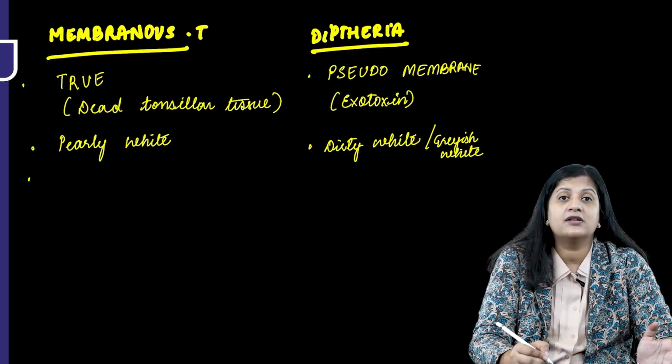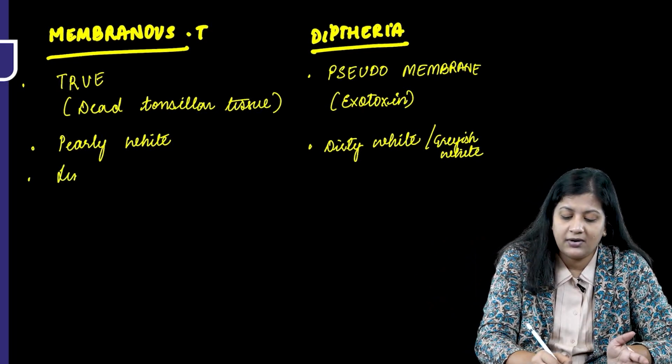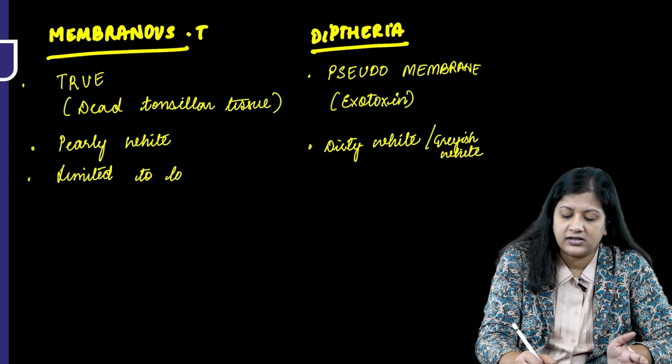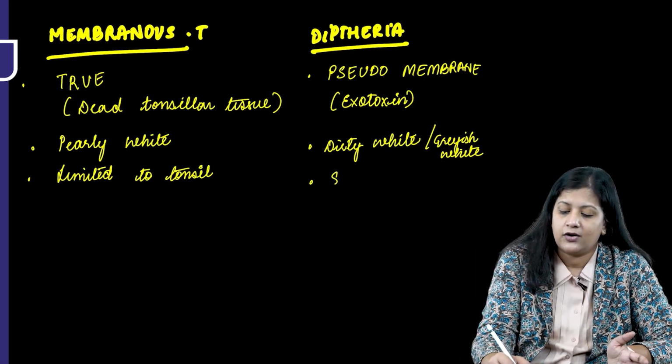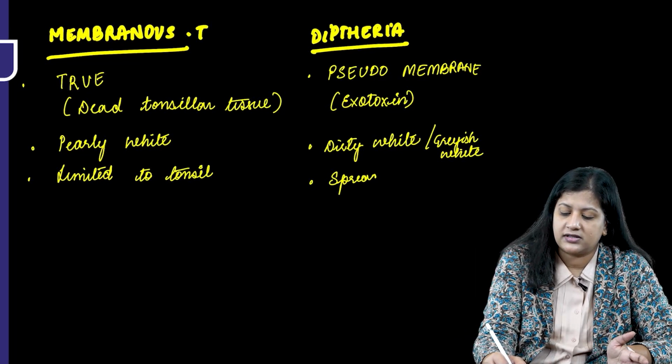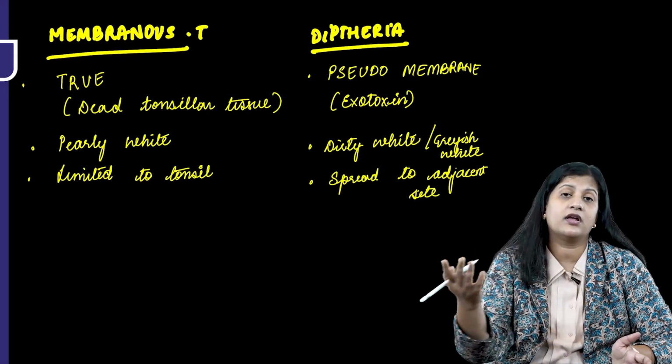Now, membranous tonsillitis, we know it is coming from the tonsillar tissue, so it is limited to the tonsil. It does not spread to adjacent sites. But diphtheria will spread to the adjacent sites because it is from the exotoxin. Exotoxin can go anywhere.